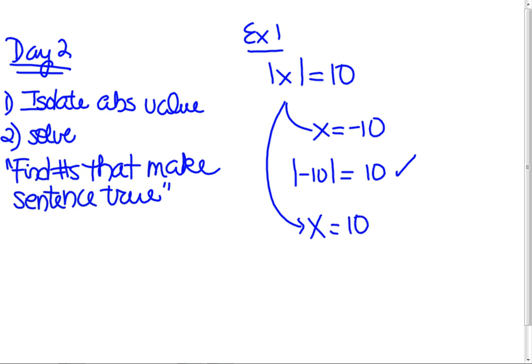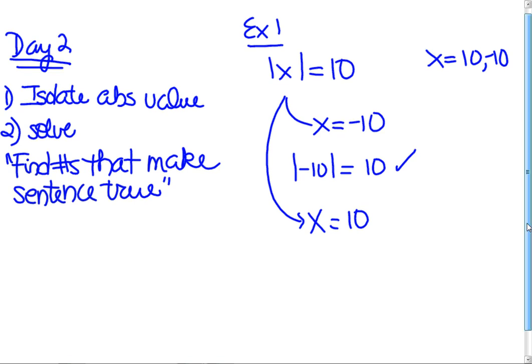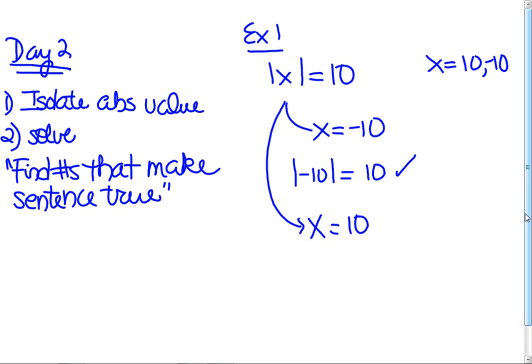Well, we're going to make things harder. Right now, they should be easy. So what are the answers? 10 and negative 10. That's answer number 1. You should have it written down. Okay? Let's do example 2.